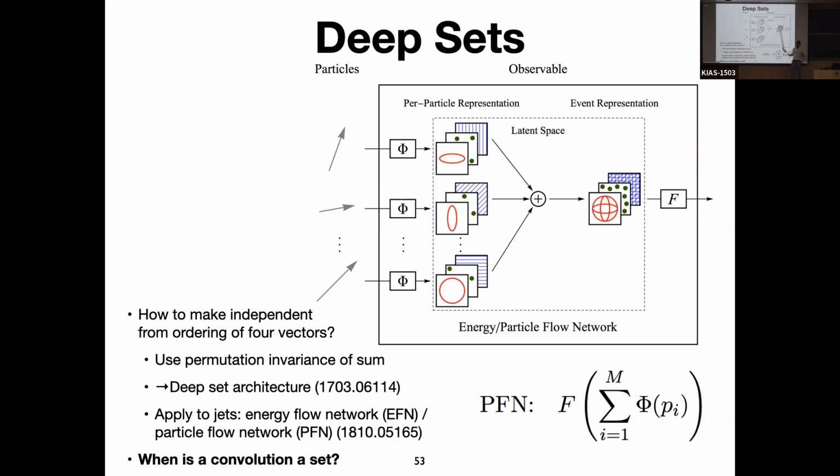This way, plus a bit of pooling, you could actually write down such a network structure very simply by using the tools that the convolutional architecture gives you. If it's not immediately clear, maybe it makes sense to think about it for a bit, because you can learn a bit about convolutions and how to write it down if you think how you write down a particle flow network as a convolution.